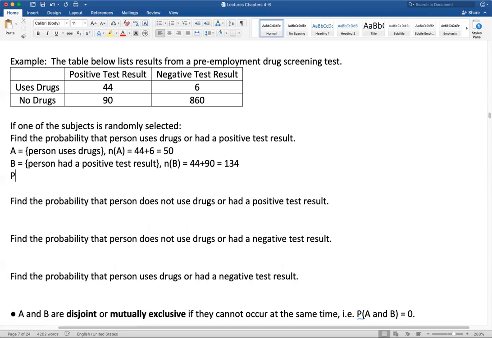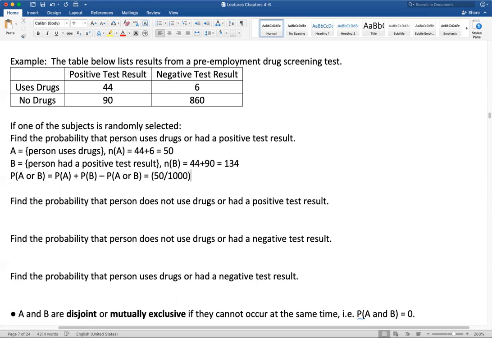Okay. So now we're going to find the probability of A or B, because we want the probability that the person uses drug, A, or had a positive test result, B. Let me use the addition rule: the probability of A plus the probability of B minus the probability of A and B. Now let's find the probability of A. P of A is 50 over 1000.